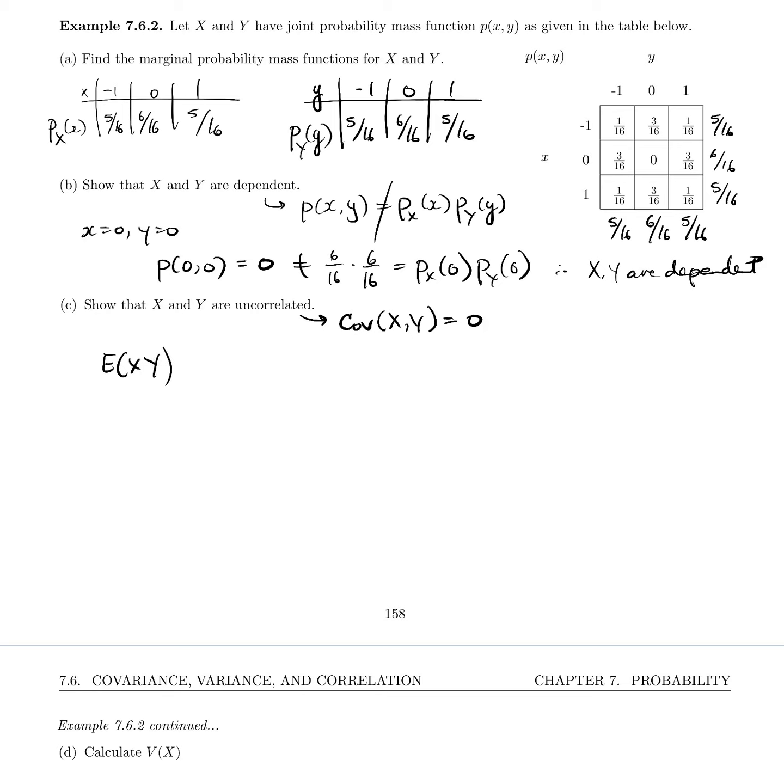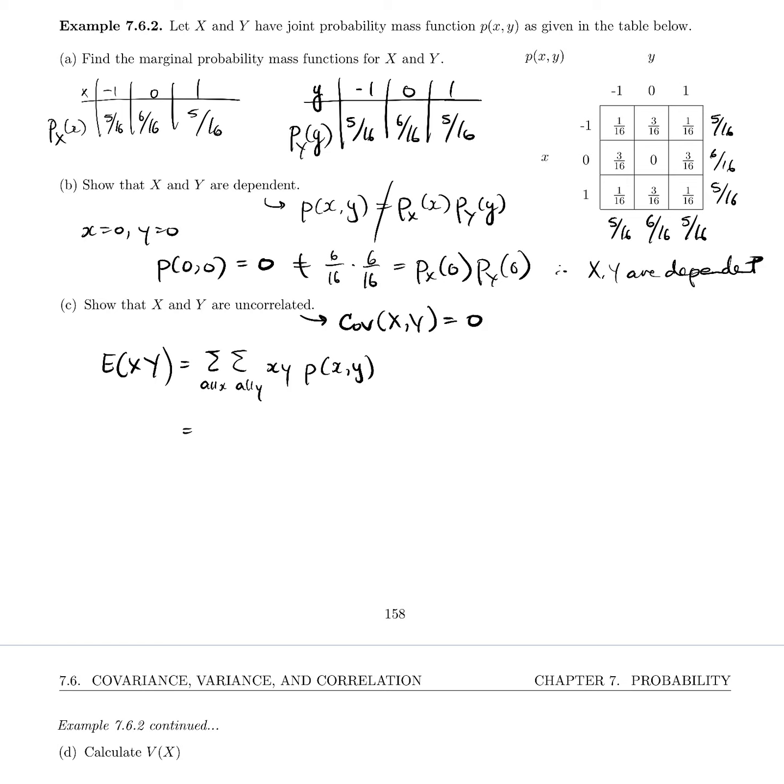E of x times y is going to be the sum over all x and all y. So that's the sum over all x and the sum over all y of xy times the joint function, p of xy. So if we go in order, let's go through the table this way.